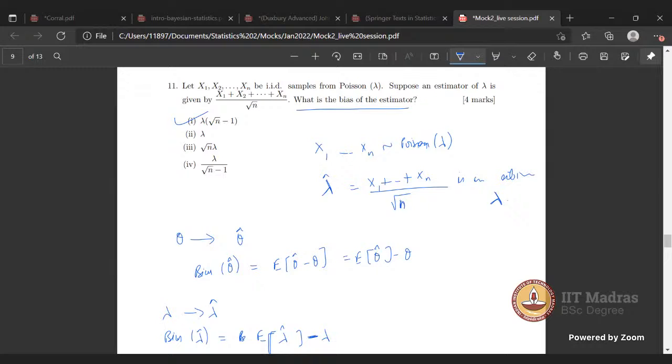To check whether an estimator is biased or not, you check whether this comes out to be 0. If it equals 0, we say it is unbiased; if it is not equal to 0, we say it is biased. This is the main thing to remember in bias.